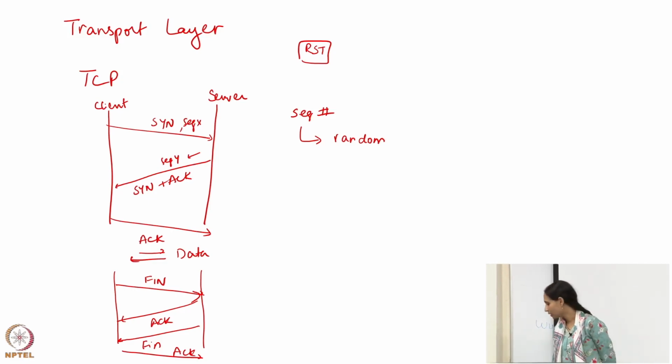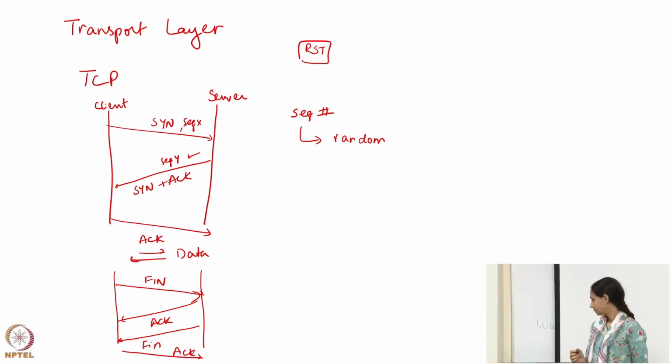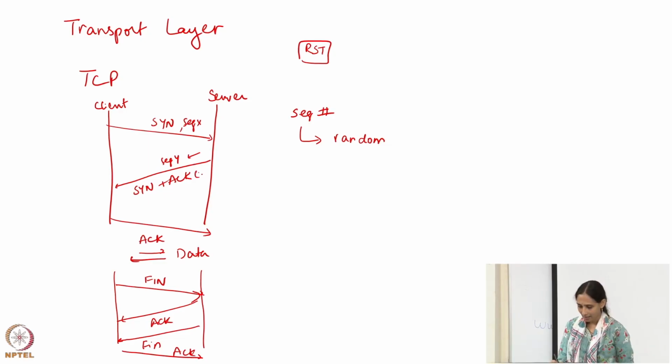If you have covered networks, can you tell me why? Just again, this ACK is acknowledging X plus 1, this will send sequence number Y, this will acknowledge Y plus 1. Why is the sequence number chosen to be random? Why not just start with 0?